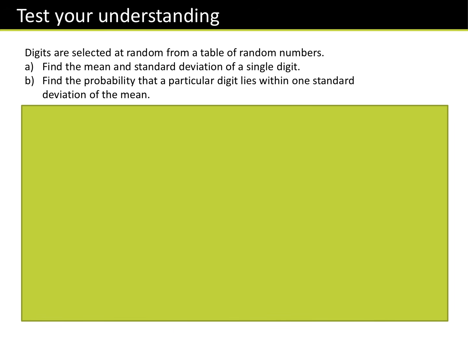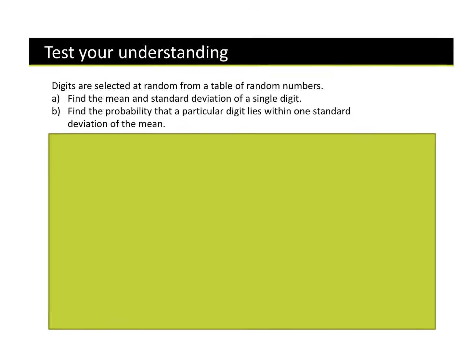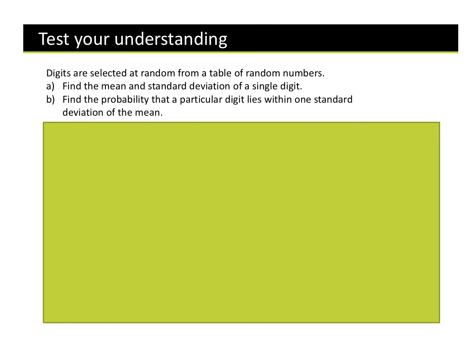So, give this a go first, but digits are selected at random from a table of random numbers. Find the mean and standard deviation of a single digit. Well, first of all, if digits are selected at random and we have single digits, what are the single digits available? 0, 1, 2, 3, 4, 5, 6, 7, 8, 9.